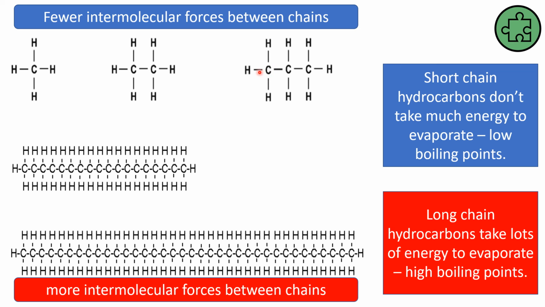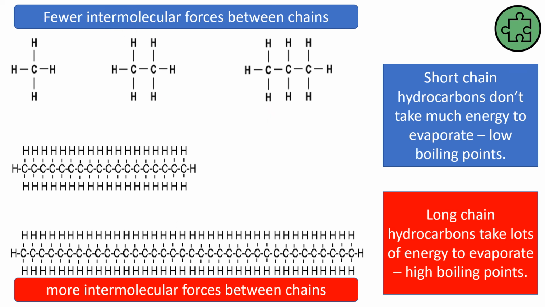These are the covalent bonds, those lines, and covalent bonds are strong, okay? We are not breaking the bonds. If we were breaking the covalent bonds, we would end up with carbon and hydrogen, and we're not. We are ending up with methane, ethane, propane, whatever. So we are breaking the intermolecular forces.